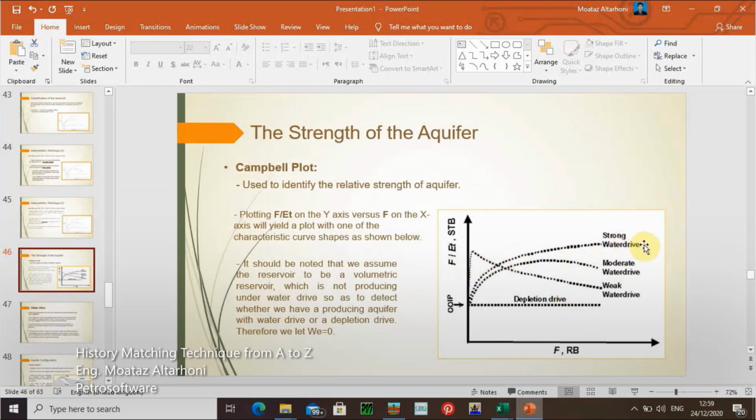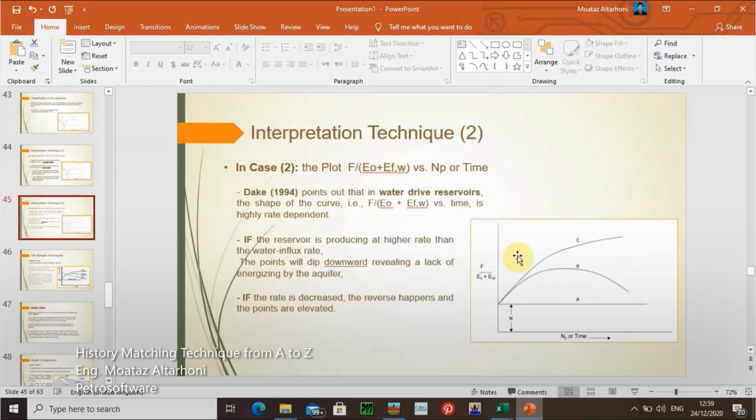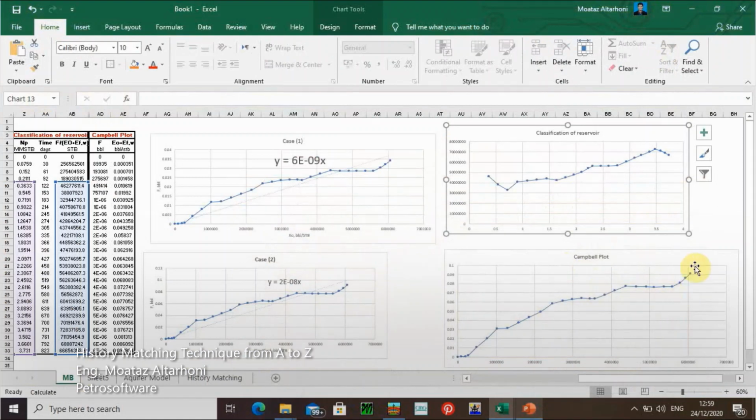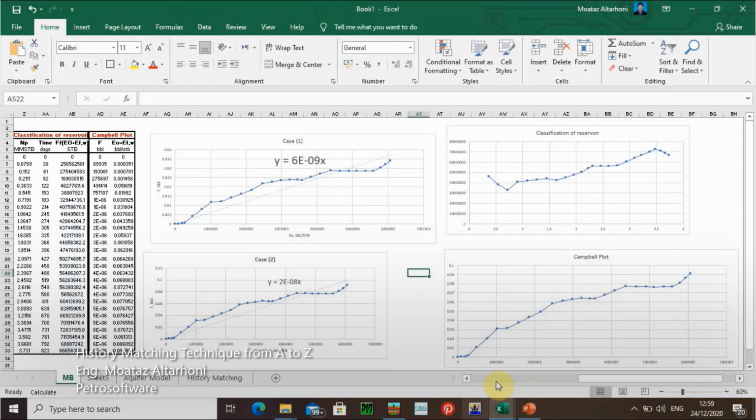But when I plot this Campbell plot, it gives us a strong water influx compared with the last C, because I was afraid that if the water influx acts as a B, that means it increases some time then decreases. I cannot say in this case that our water influx is high volume or has a strong water influx, but the Campbell plot gives us a good indication that we have a strong water influx that is increasing and will keep increasing, and that's a very, very important plot.